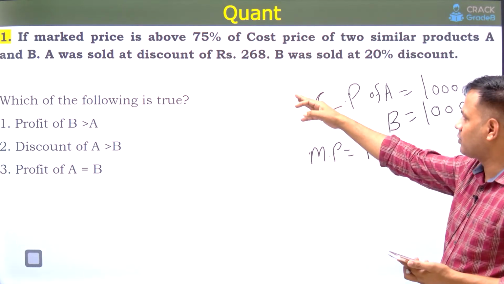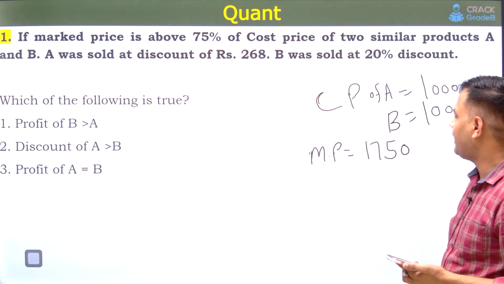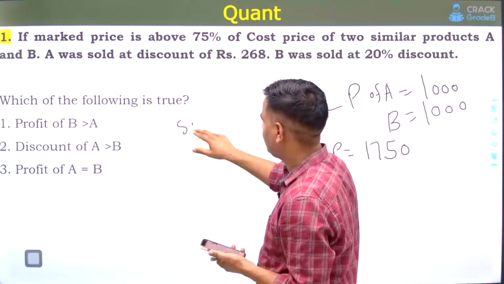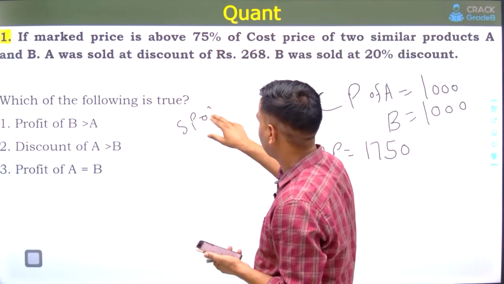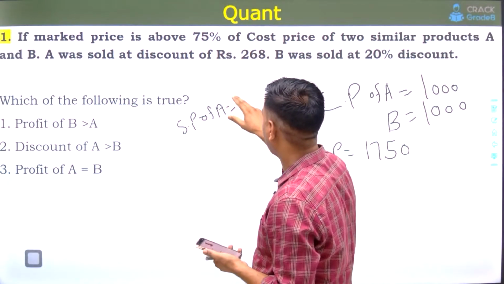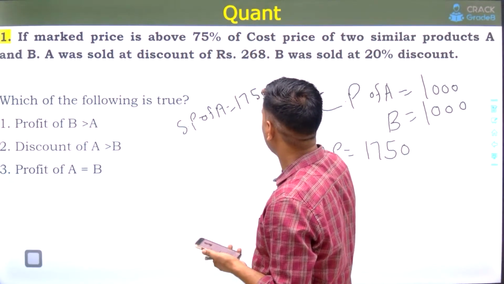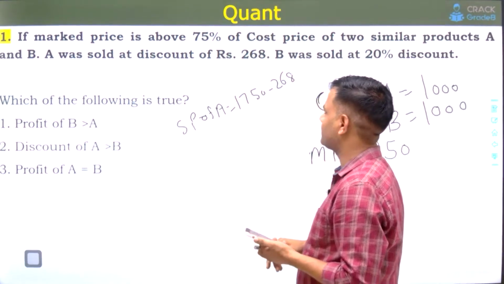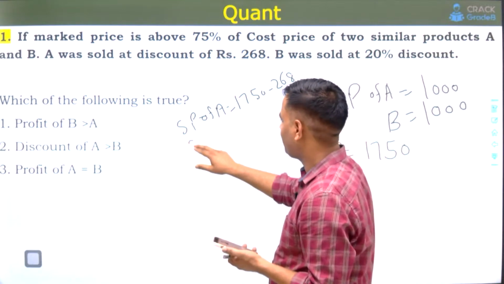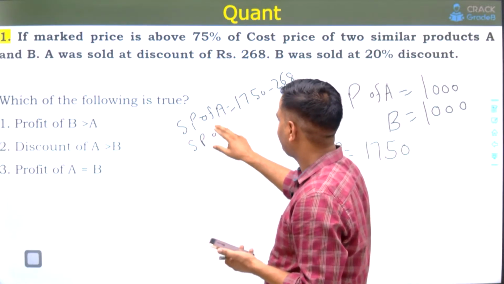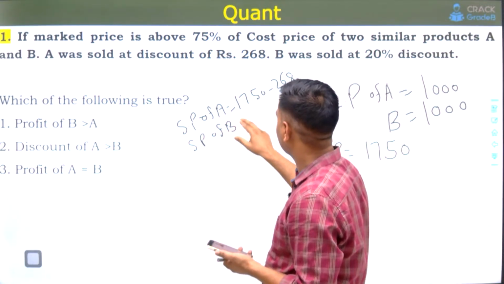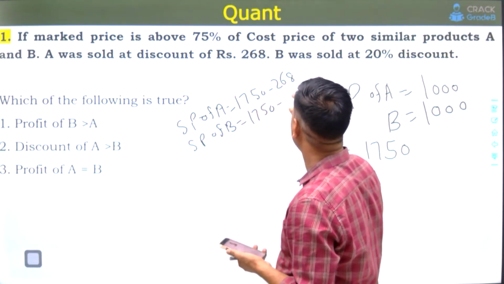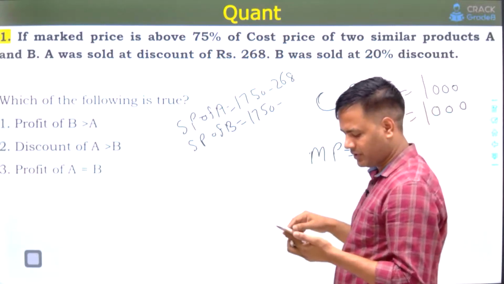If A was sold at a discount of 268, the selling price of A will be 1750 minus 268, because the discount was 268. The selling price of B will be 1750 minus 20%. What will be the 20%?